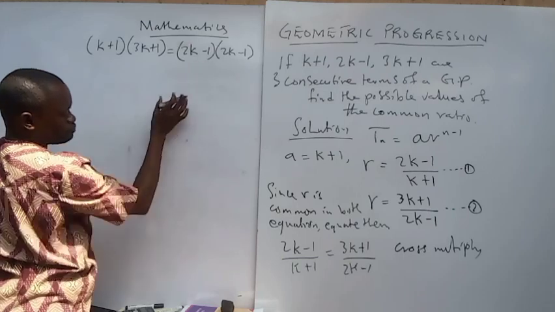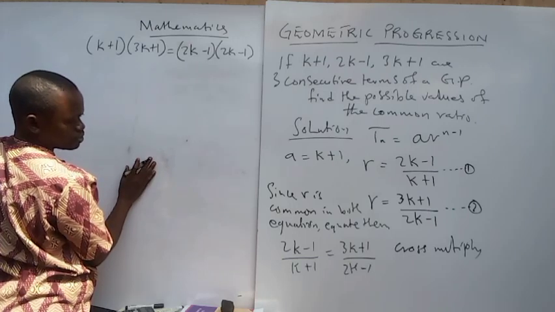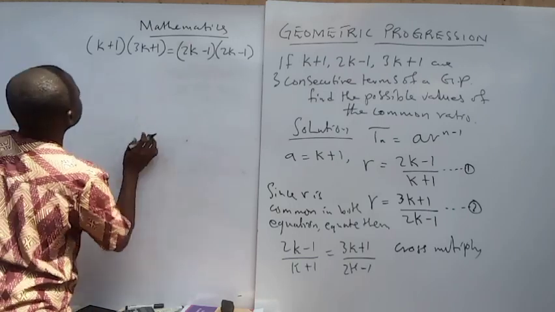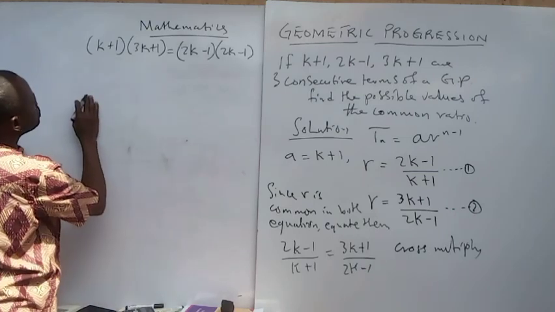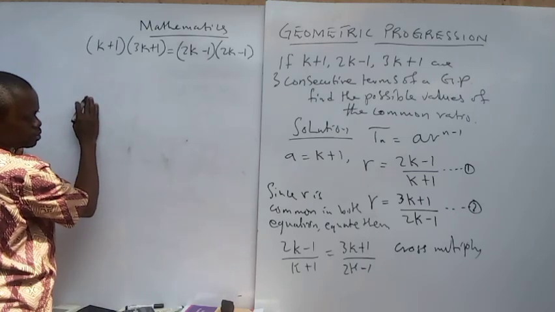It implies that this is a perfect square. That's the implication there. But we just have to open the brackets and collect the like terms, and then we can be able to solve that.